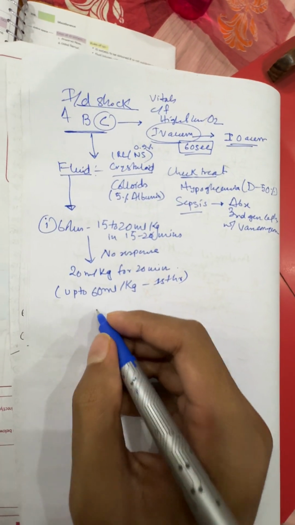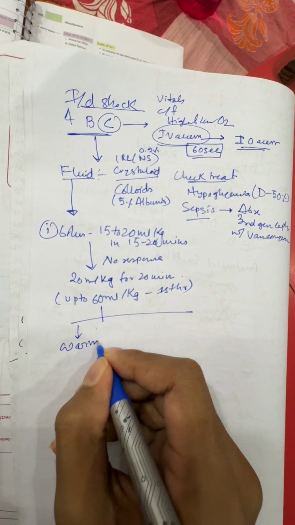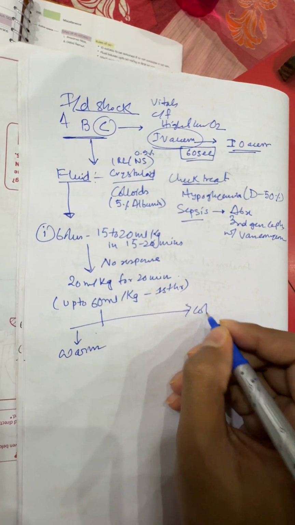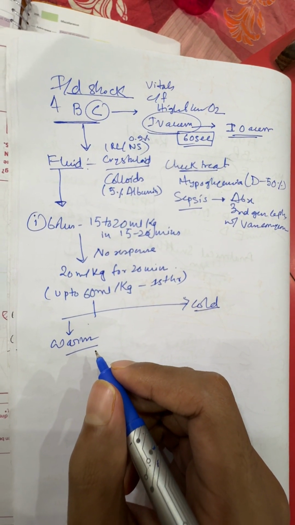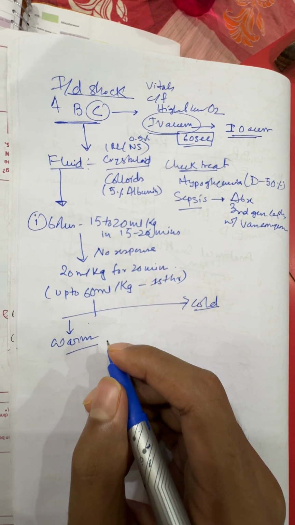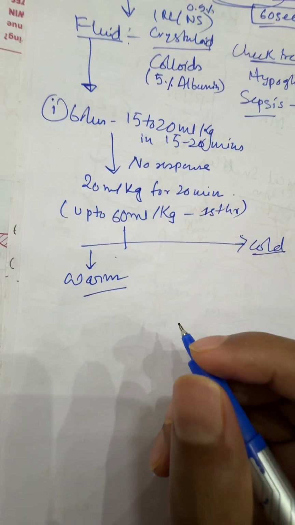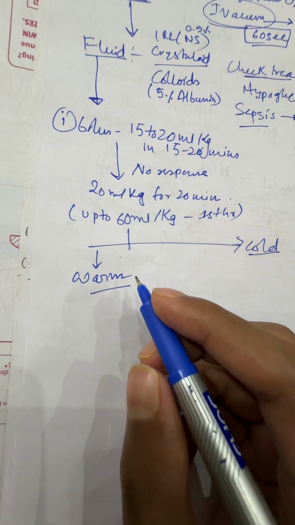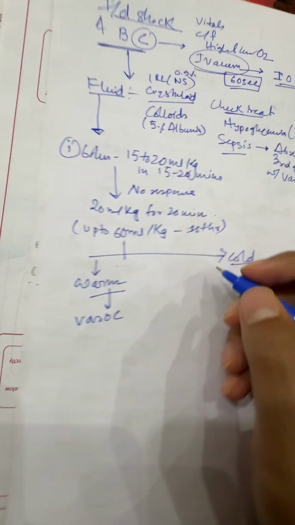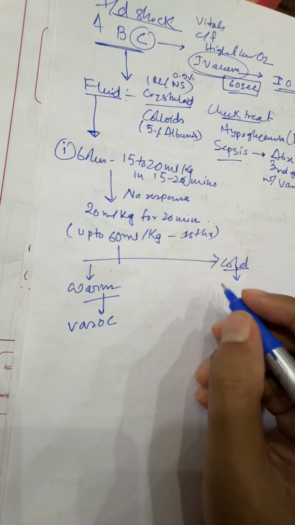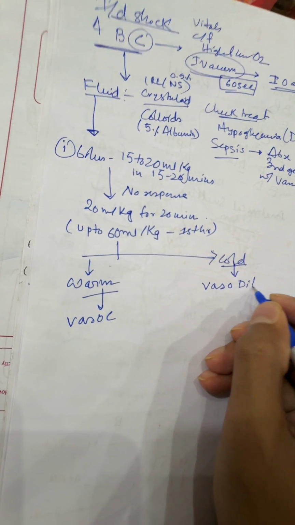Now after that, if it is still unresponsive, we have to classify if it is a warm kind of shock or a cold kind of shock. We've already seen the difference. Basically the main factors involved are the capillary refill time, the peripheries, and also the pulse. Now if it is a warm shock, it requires vasoconstriction, and if it is a cold shock, it requires vasodilatation.